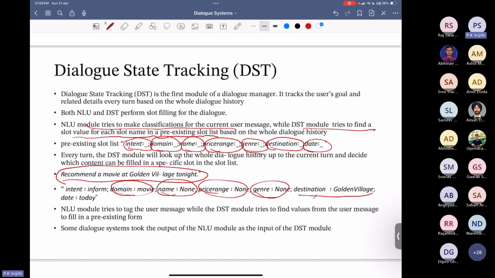Destination is provided, so it becomes Golden Village. Date is provided as today. So now on the basis of what information is present in the DST, the next module can decide to book a movie or restaurant, or ask users some queries to further fill the slots.